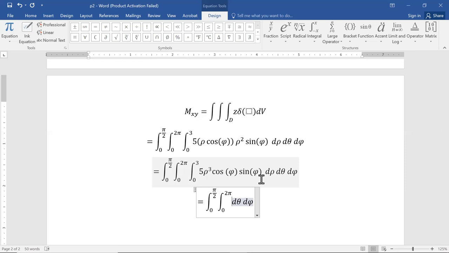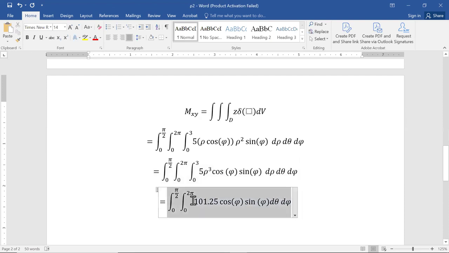Integrating 5 rho cubed with respect to rho from 0 to 3 gives me 101.25. And then again, the cosine of phi and the sine of phi stay put.